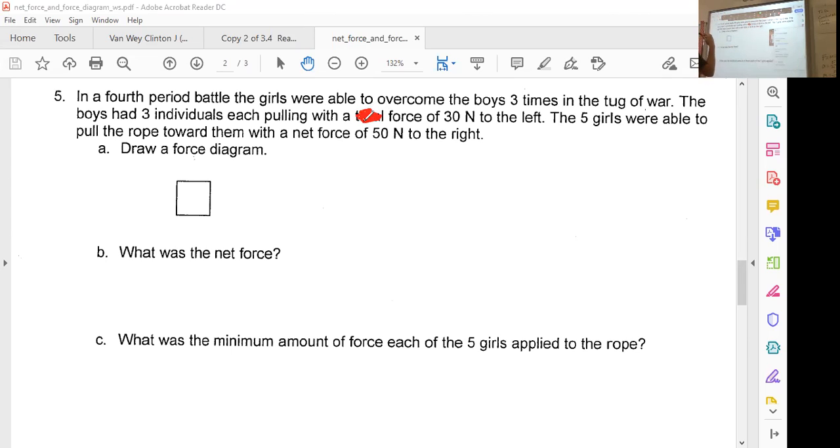The boys had 3 people pulling 30 newtons to the left, meaning 1, 2, 3. F1 equals 30, F2 equals 30, F3 equals 30.